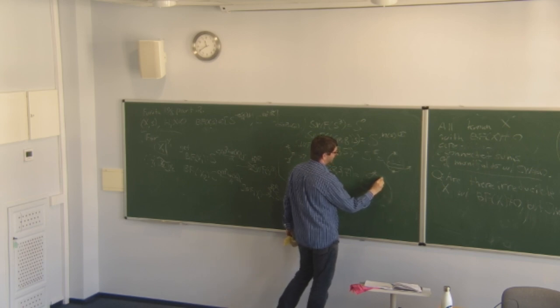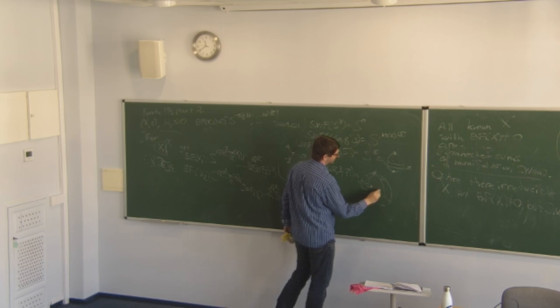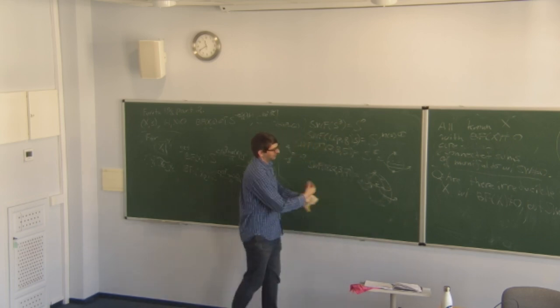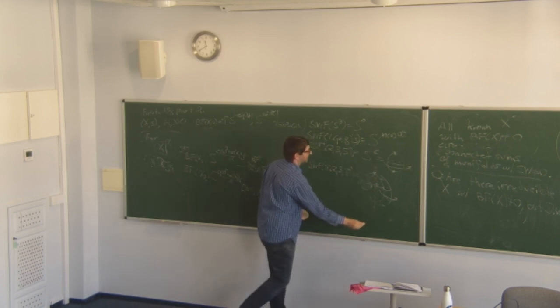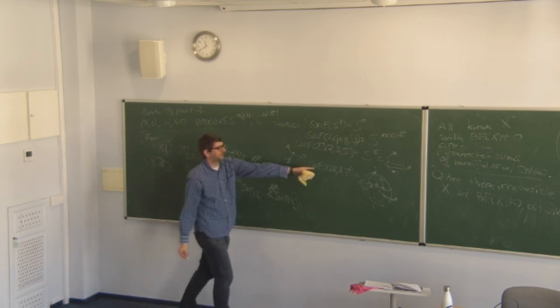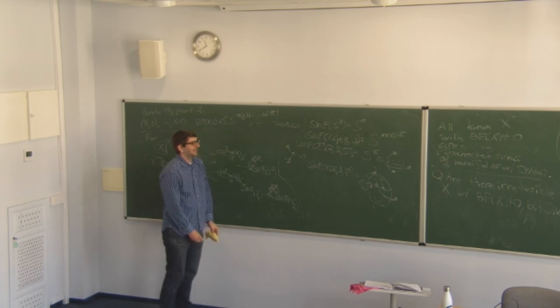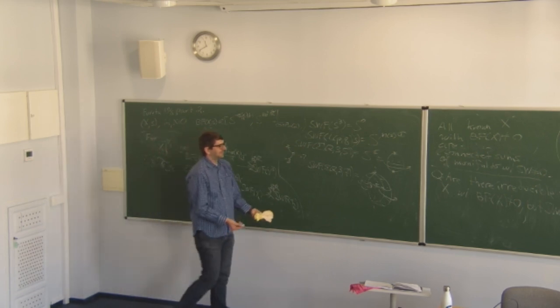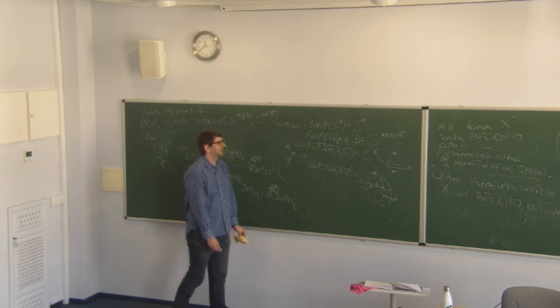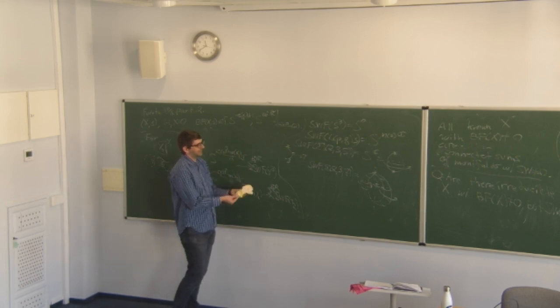Usually this space is drawn where the Pin(2) action goes like this, and J goes between the two different two spheres. So each of these sides is a two sphere, and J is just reflection about the axis. So this is a Pin(2) space because there's a unique spin-C structure which is spin, and this is a pretty reasonable space. It's just not that scary. But again, it's calculated explicitly.